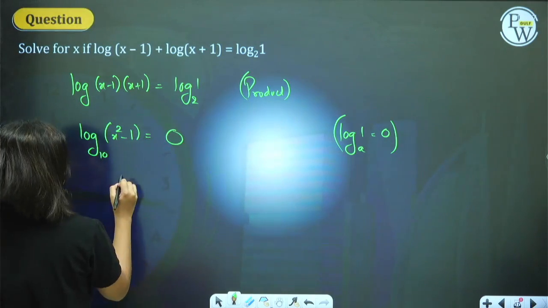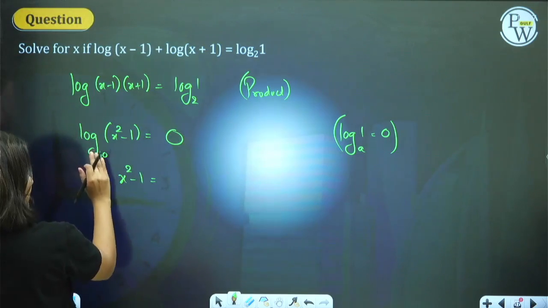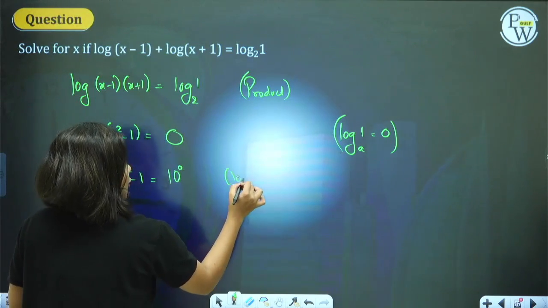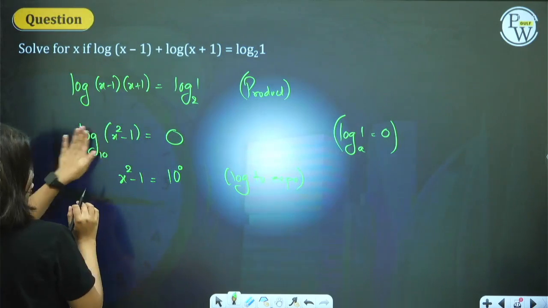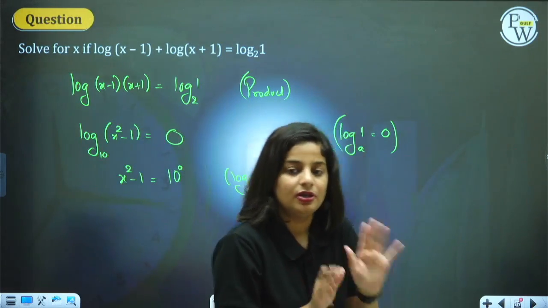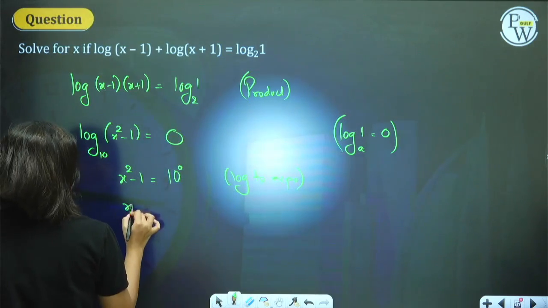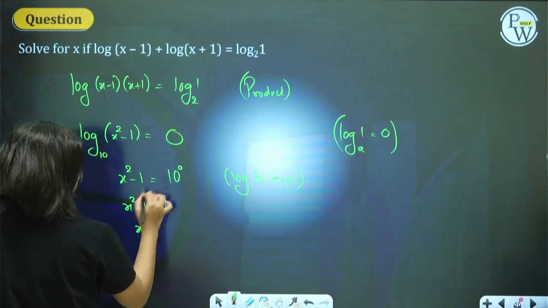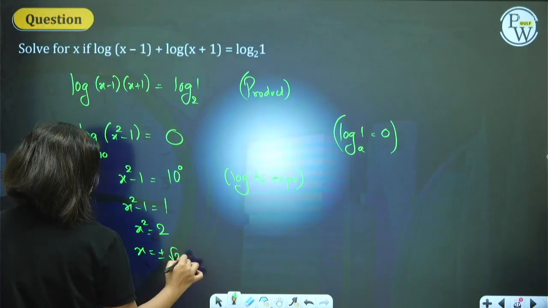Logarithmic to exponential conversion: log will go away, and 10 pushes 0 upwards, 10 raised to 0. x square minus 1, and anything raised to 0 is 1. x square is equal to 1 plus 1, 2. x is equal to plus or minus root 2.